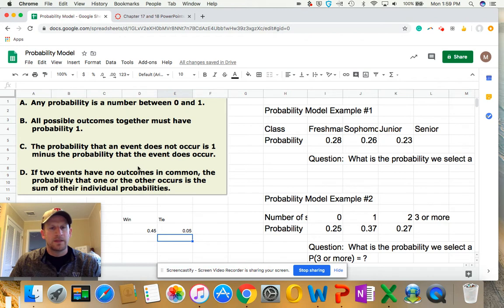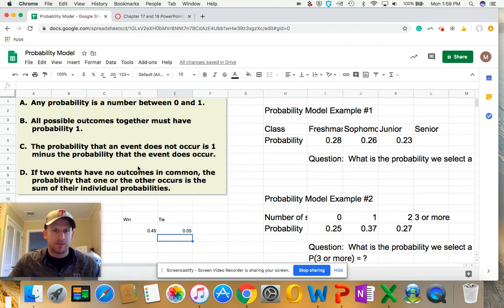Okay, these outcomes have nothing in common, right? A win is much different from a tie. The event or the likelihood that as a player, I'm either going to win or tie is 45% plus 5%, or 0.45 plus 0.05, to give me 0.5 or 50%.